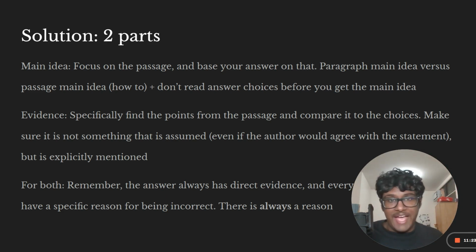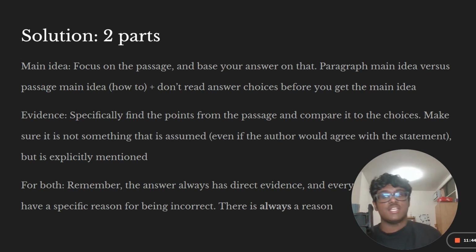If you're doing it from the passage, take every paragraph, still do the sentence thing, find the main idea, but you just have to do that for every paragraph. And with all of those new main ideas, that becomes your new evidence point for the main idea of the entire passage, right? And again, don't read the answer choices before you already have a main idea in your head. That's the most important part of this.